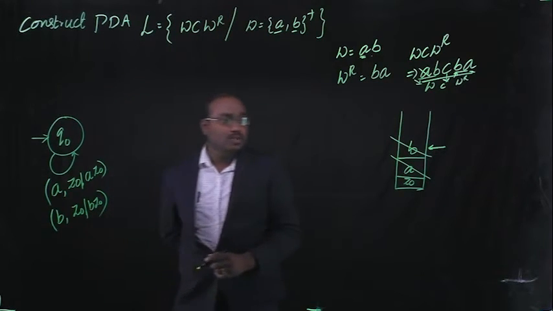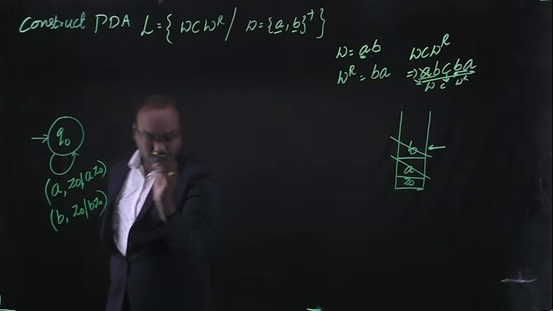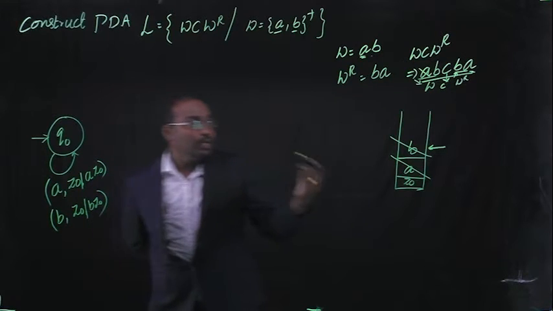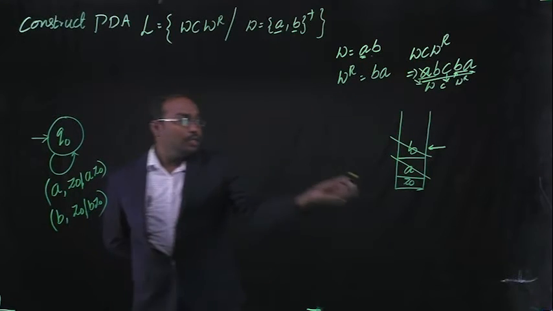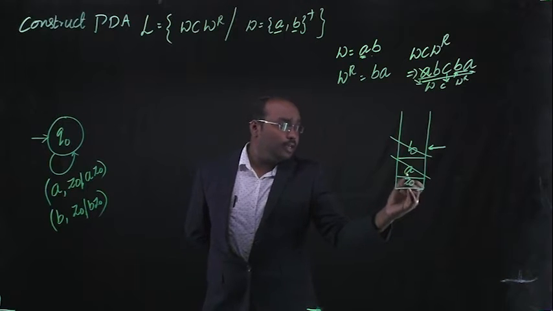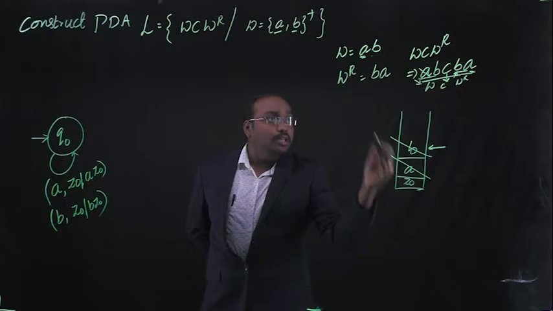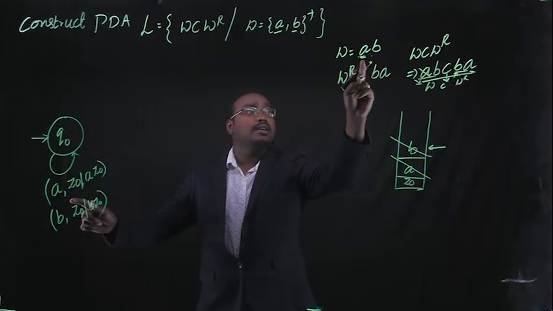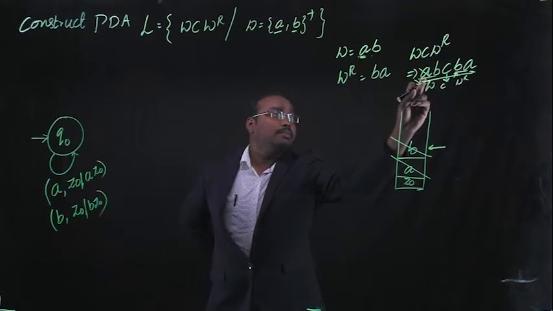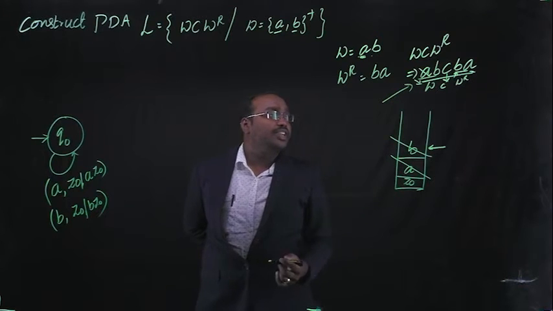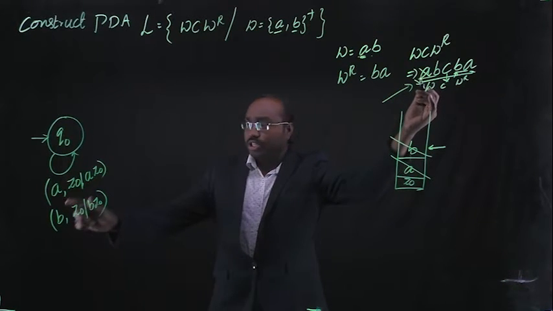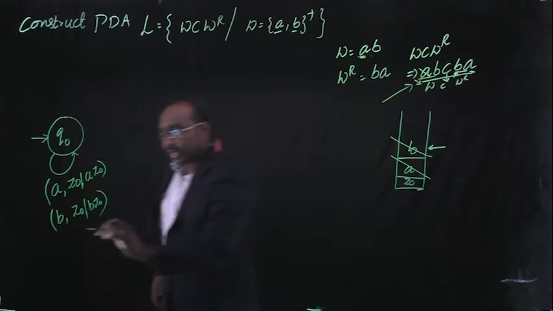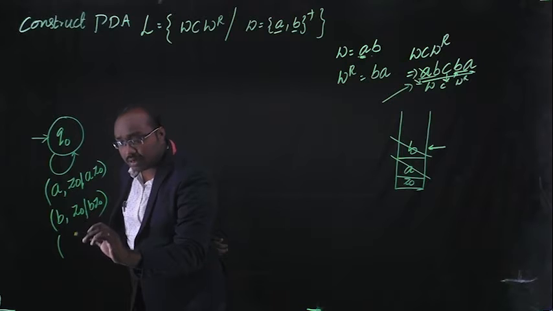And next, for example, if the input symbol is A, push it into the stack, and the next input symbol, for example in this string, if it is B, again we have to push that element onto the stack.